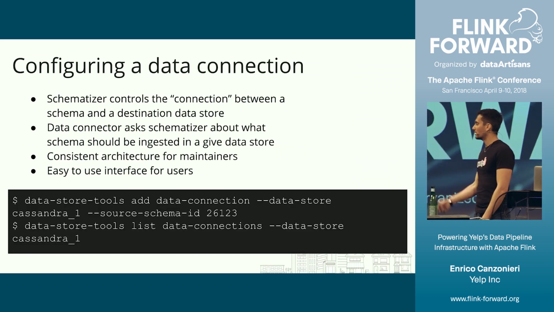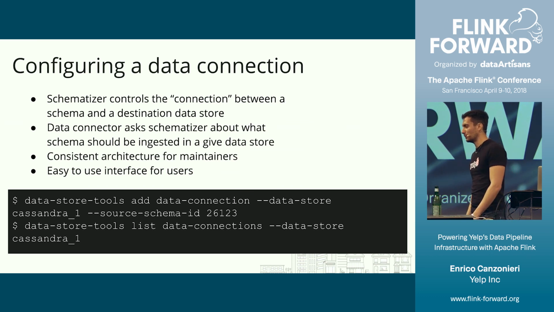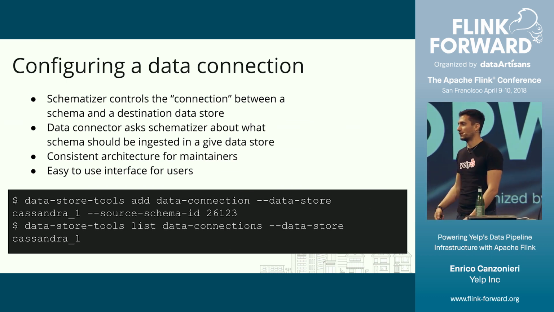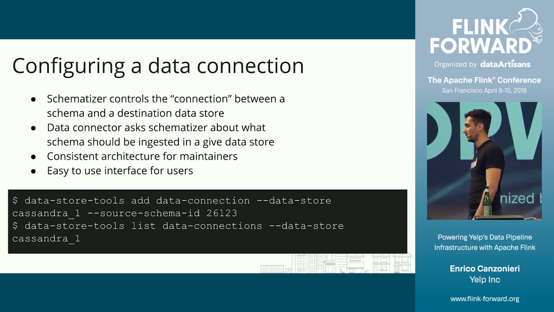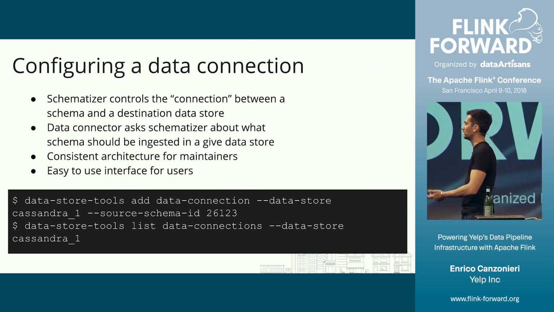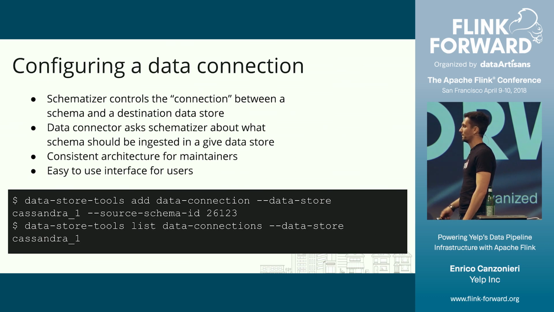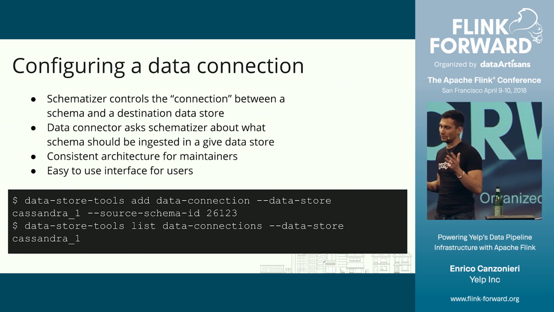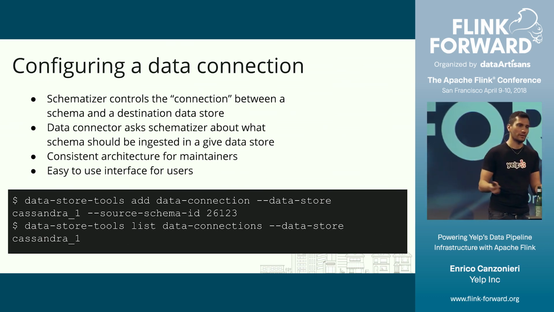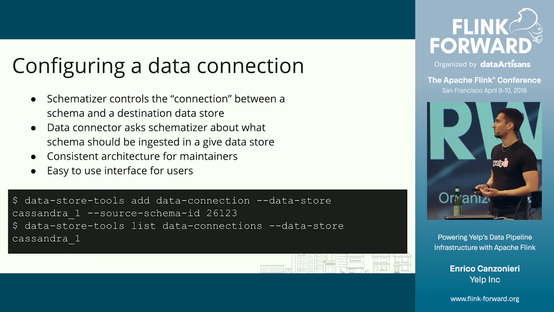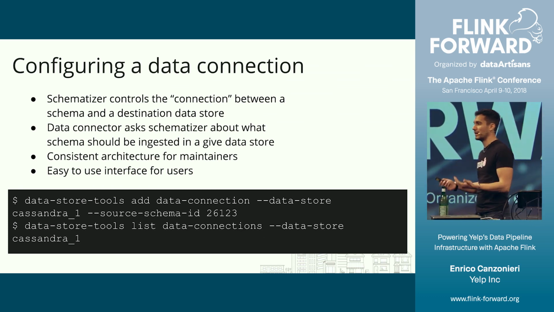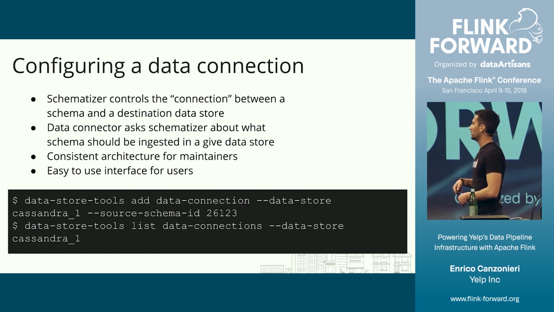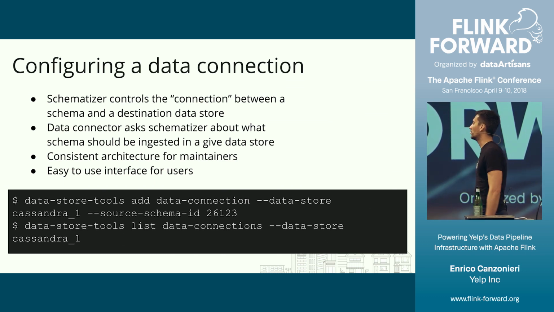As part of the connector ecosystem, we try to make the interface with connectors as consistent as possible for both maintainers and users. So setting up a data connector for a new schema is pretty simple. That's what we call data connection. It creates this link, and users just use a command line tool.